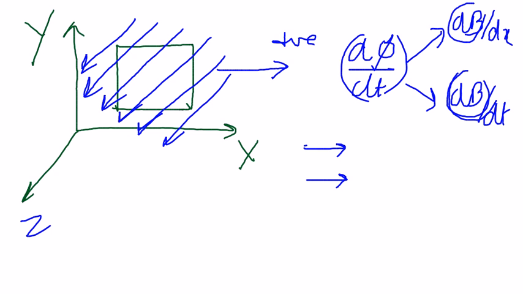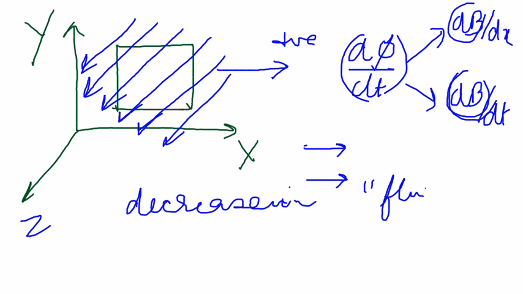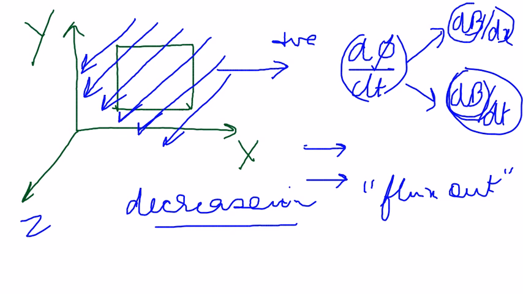So there is a decrease in flux out, both due to dB dx and dB dt. So there is a decrease in flux out through the loop. For an observer who sees the loop moving to the right, the flux out is decreasing.